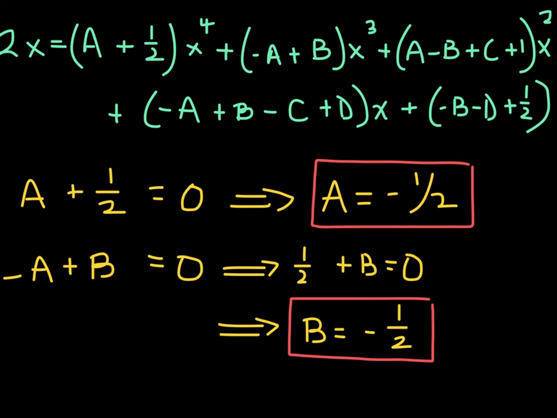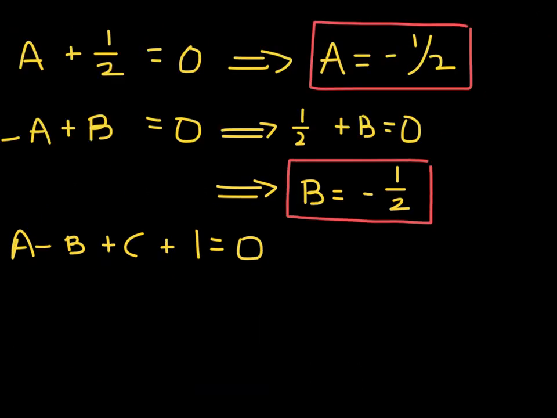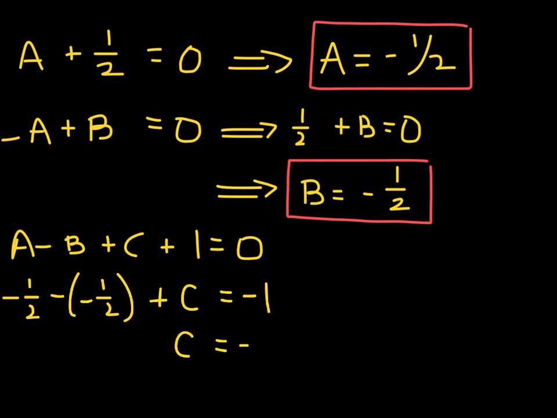So then I'm going to say that a minus b plus c plus 1 must be 0. Now we've already determined that a is negative 1/2, b is also negative 1/2, so we can say, therefore, that c must be negative 1.